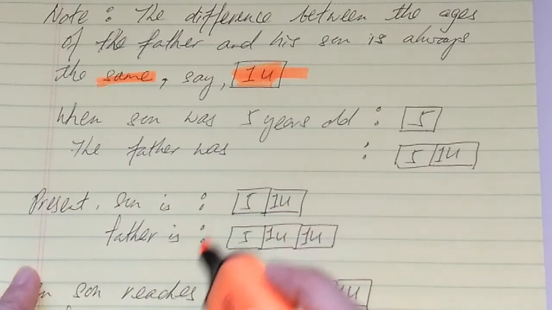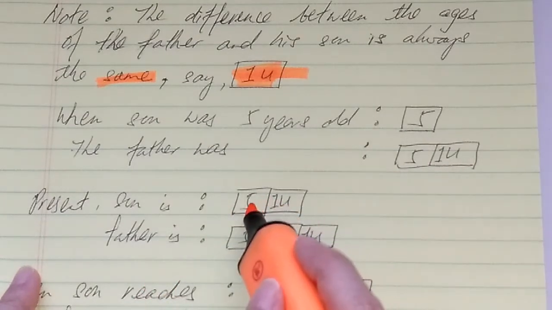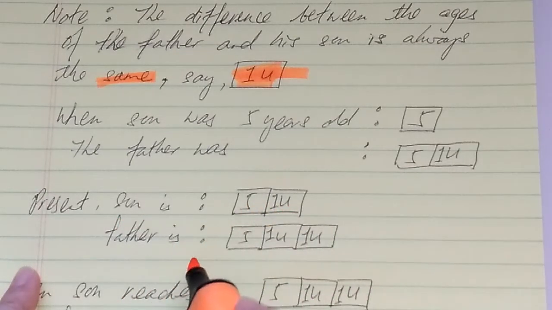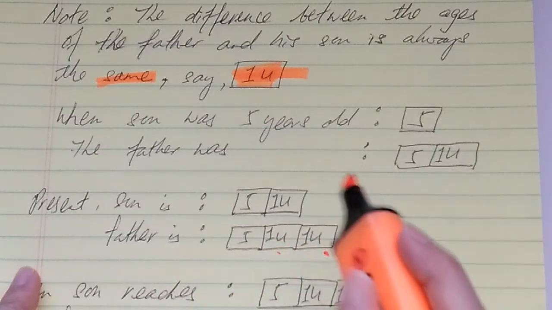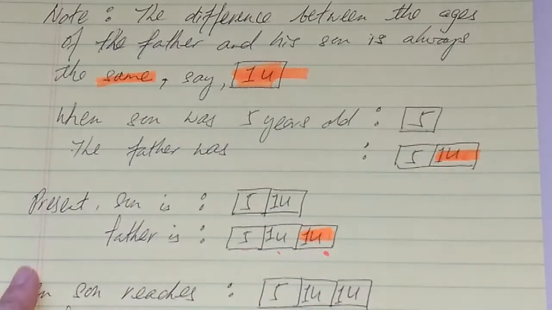Back to the present: when the son is 5 plus 1 unit, the father will be 5 plus 1 unit plus another 1 unit. Remember, the father is always 1 unit older than the son. The difference is always the same.